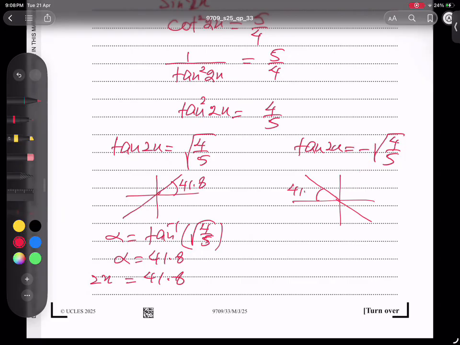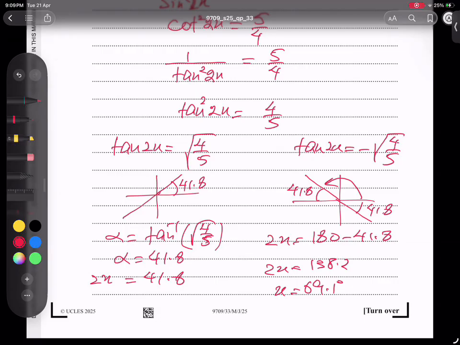So I can say 2x equal to 180 minus 41.8. And when I solve it, I'm getting 138.2, and divided by 2, it is not crossing, it is in the boundary. We got 69.1 degrees, which is in the boundary.